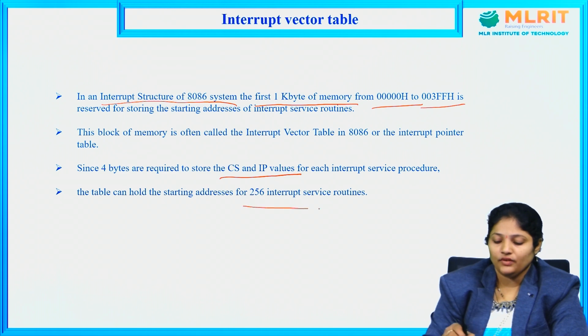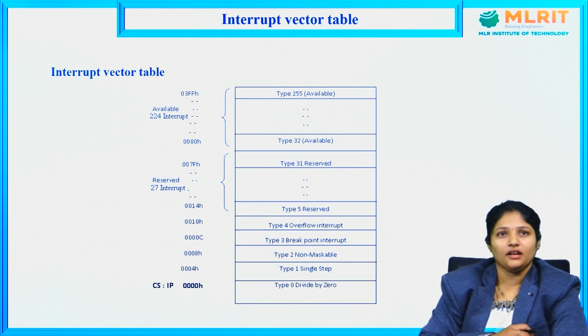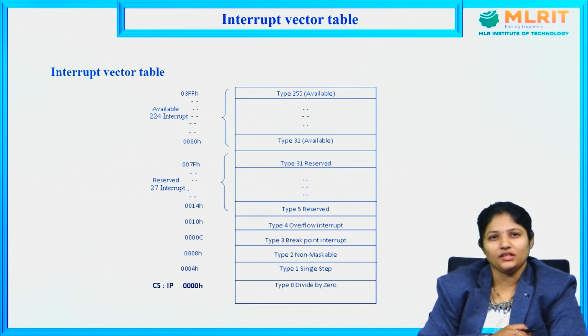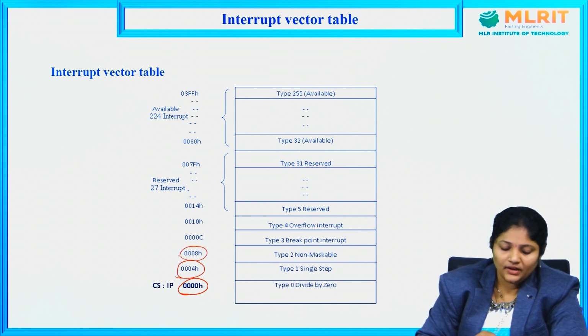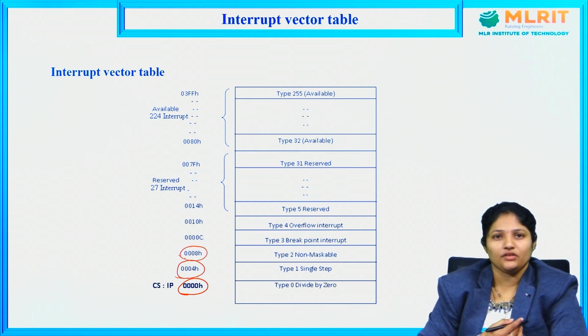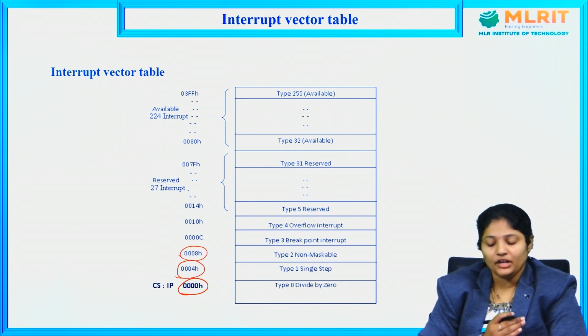So these 256 interrupt service routines will be addressed using the interrupt vector table. This is the interrupt vector table of 8086, starting from location 00000, and the next will always be addressed by 4 other locations. So to access one interrupt, it is necessary to have 4 memory locations.